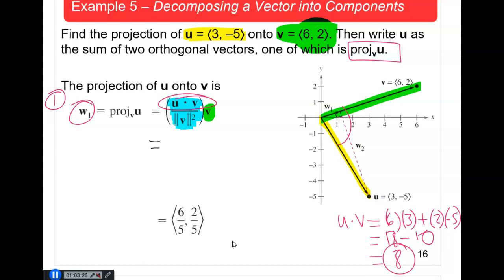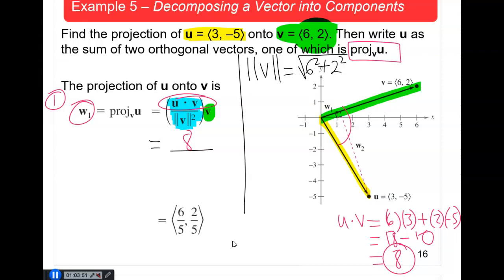So that is equal to 8. And now let's go ahead and find the magnitude of v. That will be the square root of 6 squared, the horizontal component squared, plus the vertical component squared. So we're going to get the square root of 36 plus 4, which is the square root of 40.